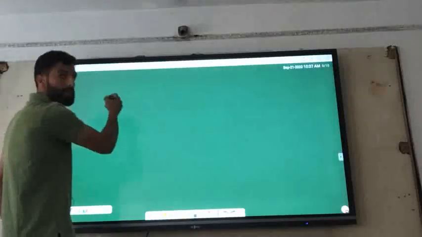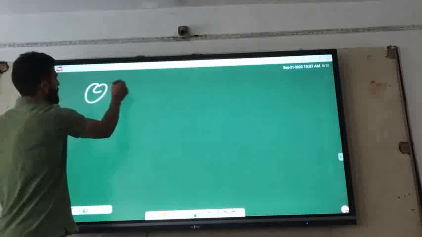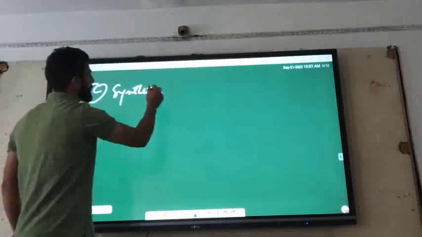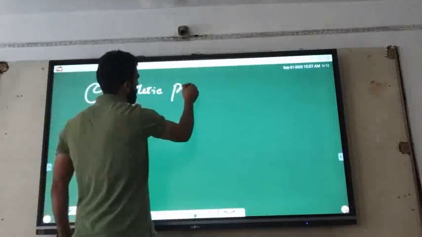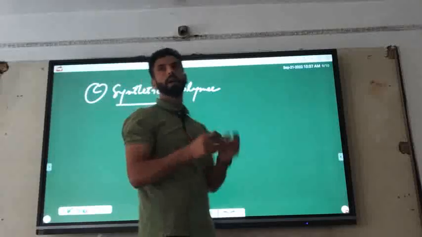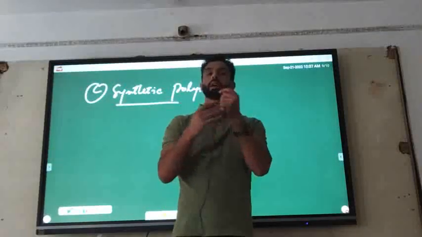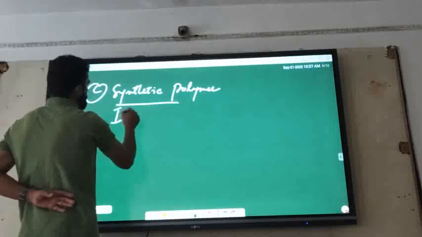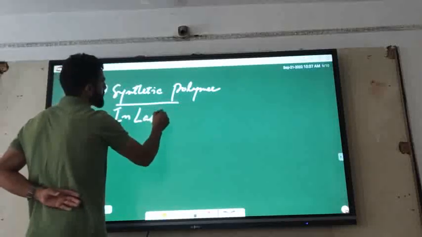And third one is synthetic polymer. This polymer is obtained from synthetic sources like labs. It is produced in labs directly, not from natural sources.